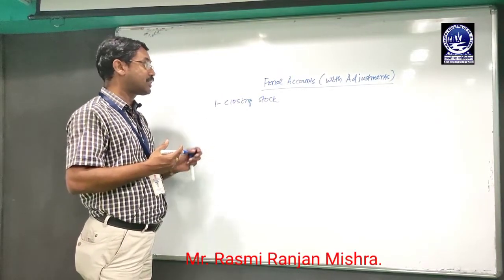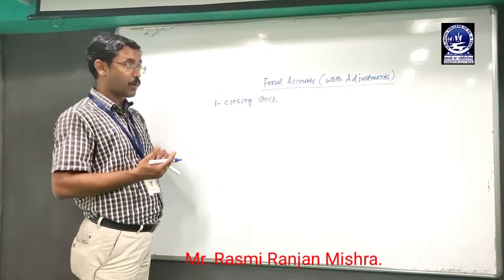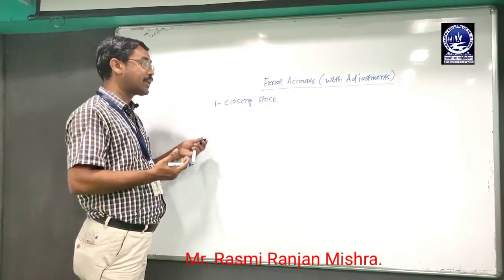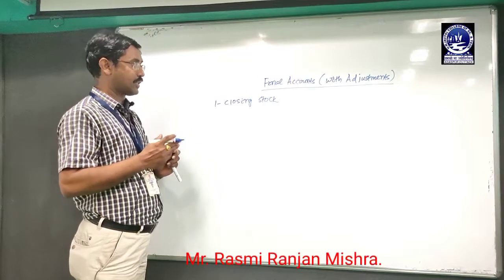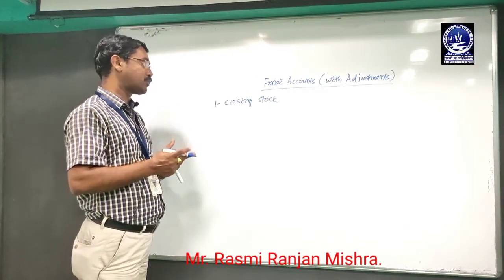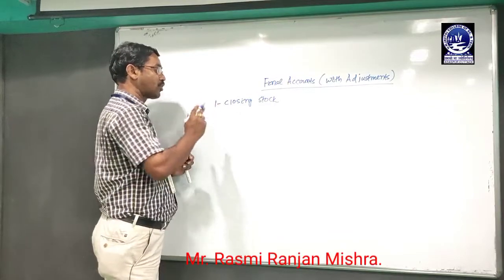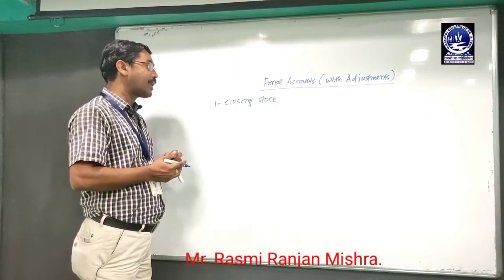Adjusted means they must be treated twice, either in the trading account and profit and loss account, or profit and loss account and balance sheet, or trading account as well as balance sheet. But the items given in the trial balance are already adjusted, and we have to make their treatment only once. So what is closing stock and how is it adjusted if it is not mentioned in the trial balance?